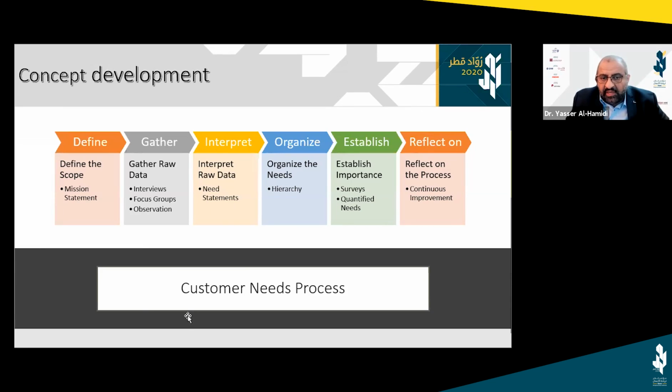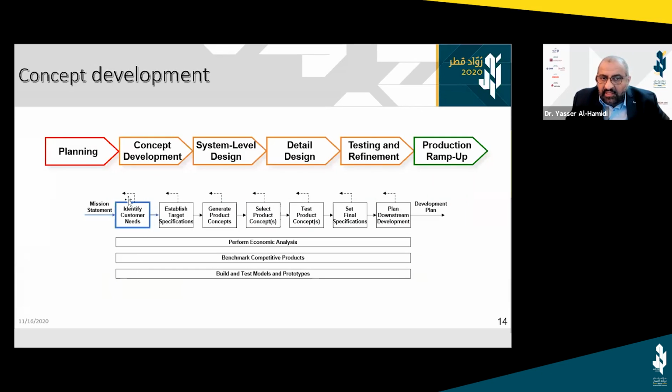Again, just to remind you, this is the process of customer needs, and I'm talking now about identifying customer needs, which falls under concept development.